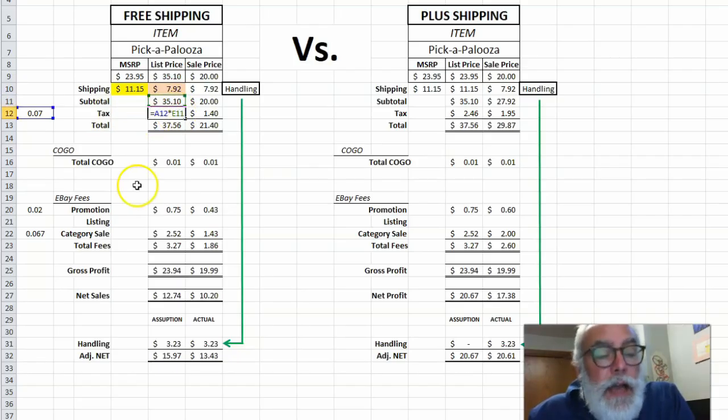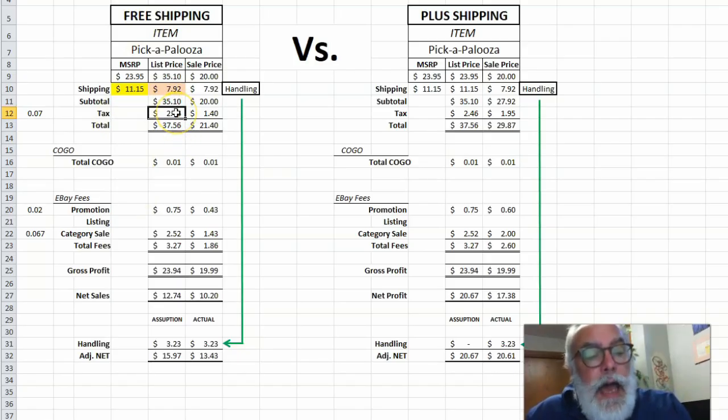Our tax actually doesn't even change, right? Because we're not being taxed on $23.95 plus $7.92. We're only being taxed on what we received, which is $35.10. So we're being taxed at the higher rate, right? Because here, I'll do it real.